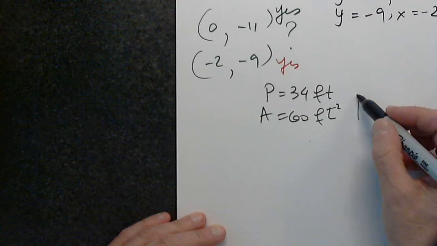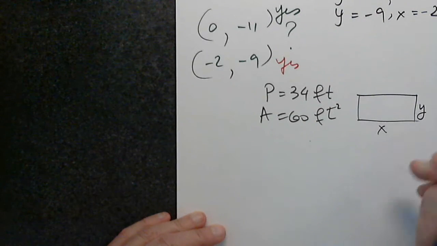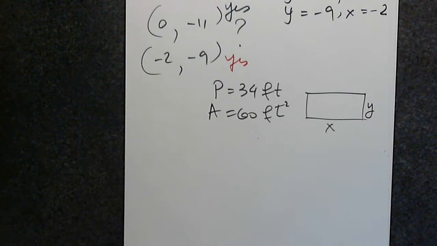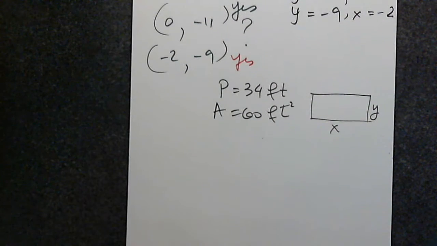Okay, so we have a rectangle, x and y. We are told the perimeter is 34. We are told the area is 60.